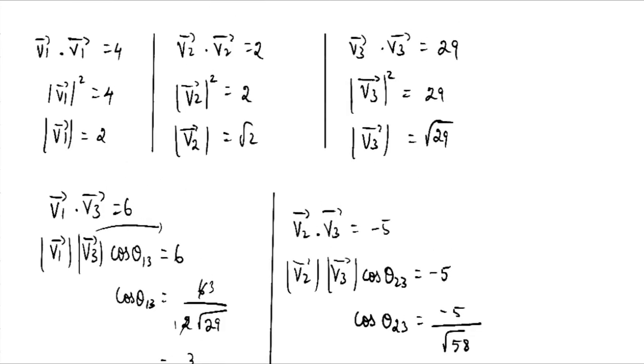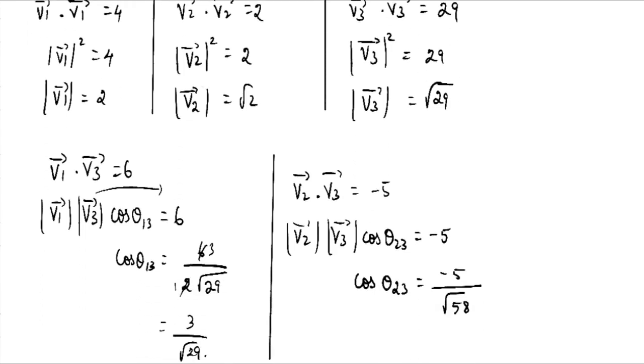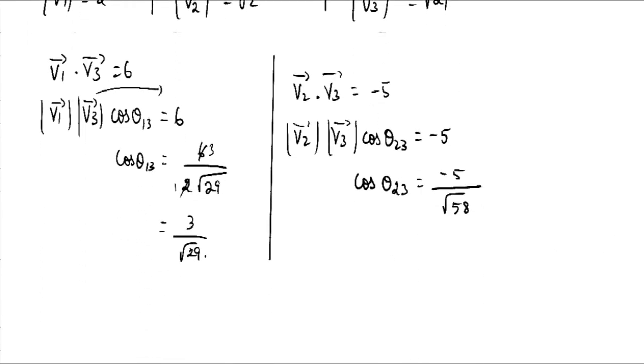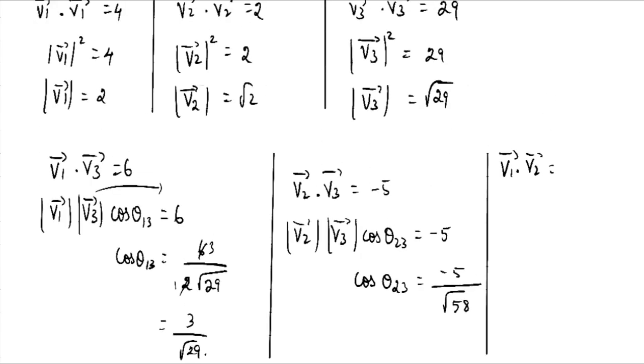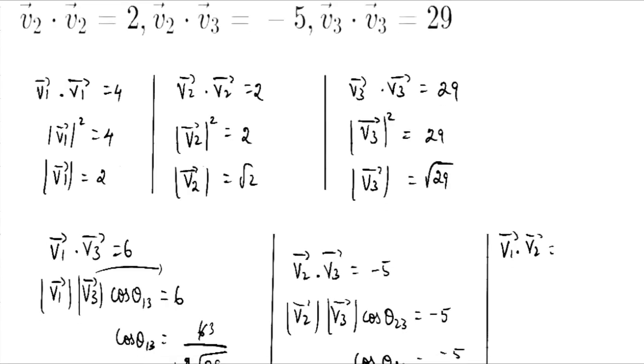Next I'm going to find 1 and 2 here. Say v1·v2 equals minus 2, right? So the magnitude of v1 times the magnitude of v2 times cos theta 12 equals minus 2.